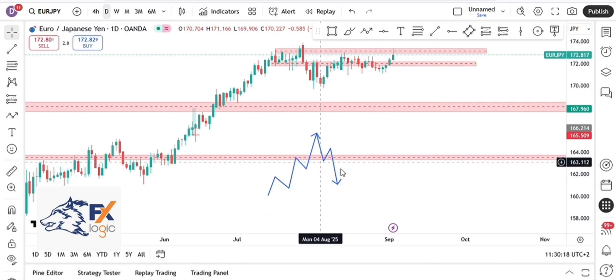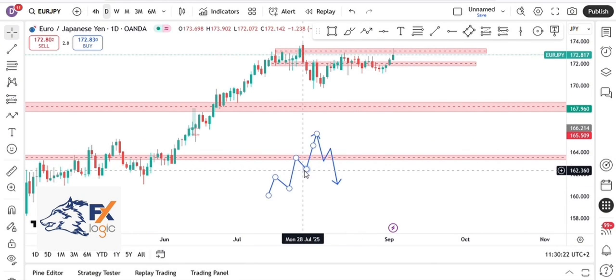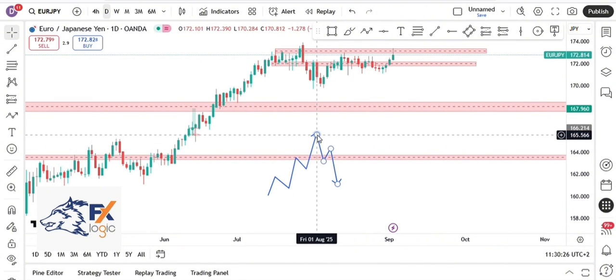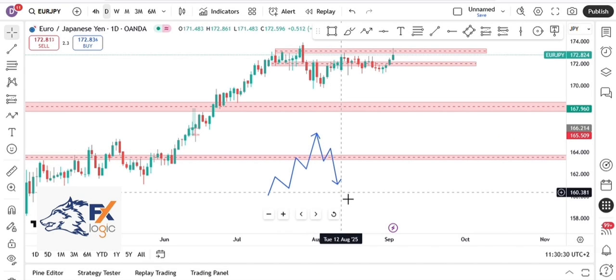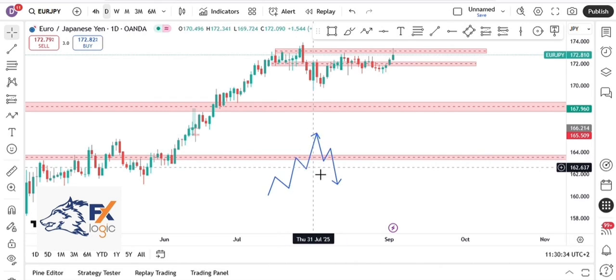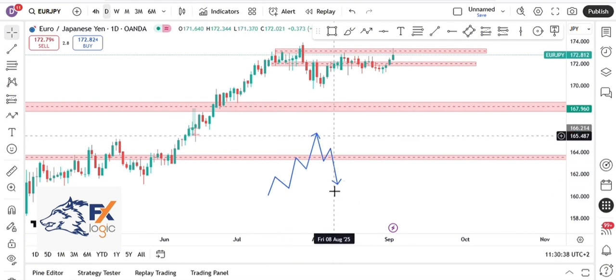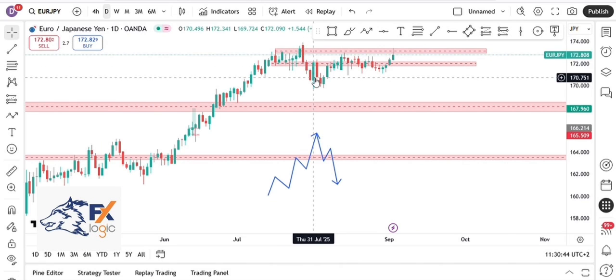So this is what we call a change of structure, because we had a higher high, higher low, higher low, then a higher high. The uptrend was true here. Okay. Then we had what? A higher low, lower high, lower low. So we've taken the previous higher high and the previous higher low. So we call this break of structure. So that's what we had here. Higher high, higher low, higher high, then lower low.